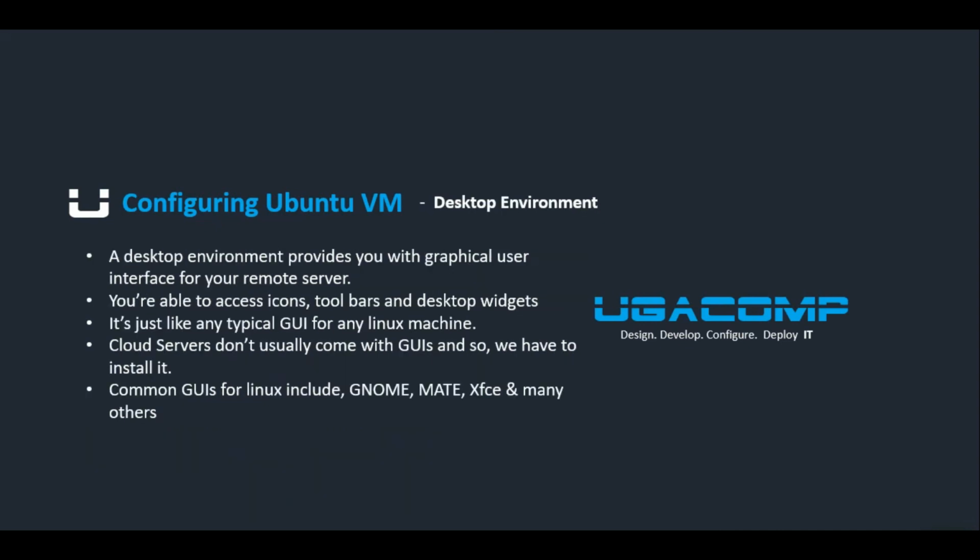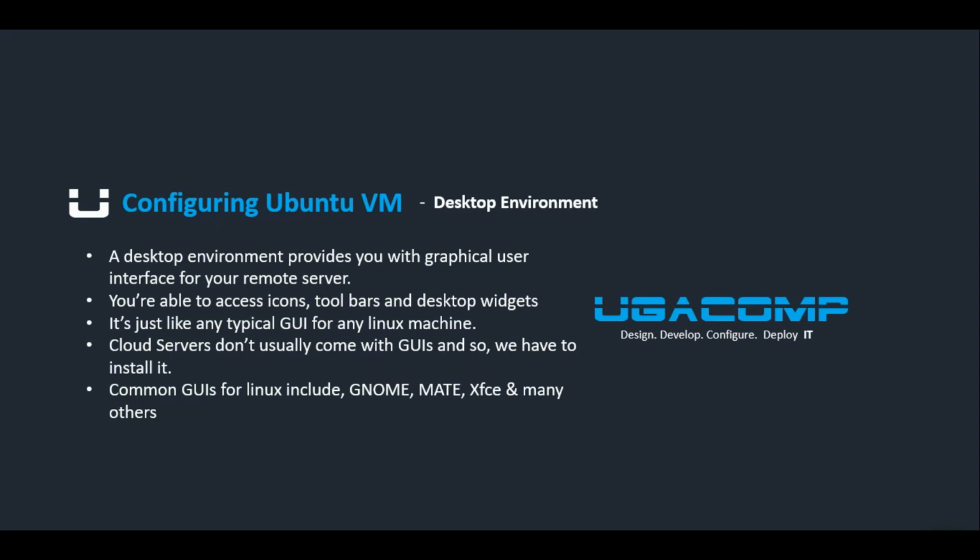So before we continue with configuring our server on Azure, we have to also understand what a desktop environment means. A desktop environment provides you with a graphical user interface for your remote server. You are able to access icons, toolbars, and desktop widgets.